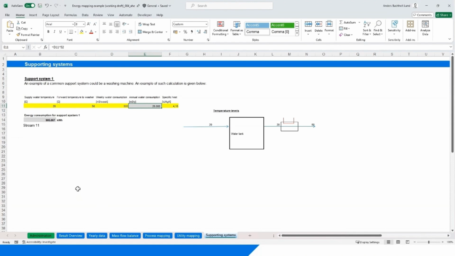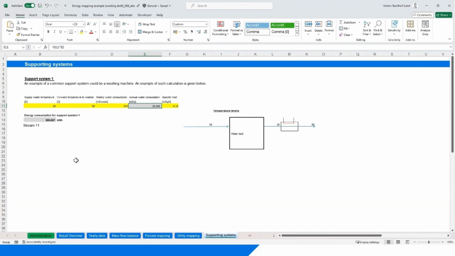So as Anders mentioned, it could be, for instance, all the cleaning systems that you have, could be some transport issues. And here, this is like a sheet where you are more free to calculate. For instance, if we do a cleaning, what information do we have related to cleaning?